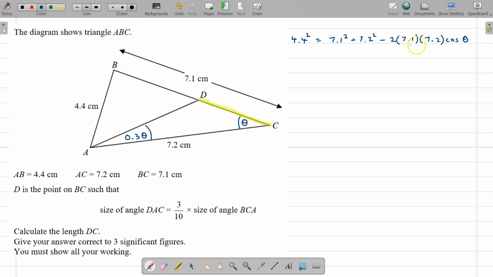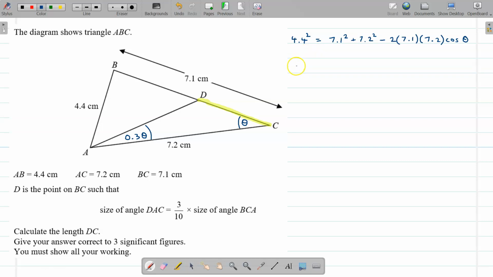So theta is the angle between those 2 sides, 7.1 and 7.2. Now, we could rearrange that in several different ways, but the best thing to do is to take the 4.4 squared from this side and add the 2 times 7.1 times 7.2 cos theta to this side. So you end up with this.